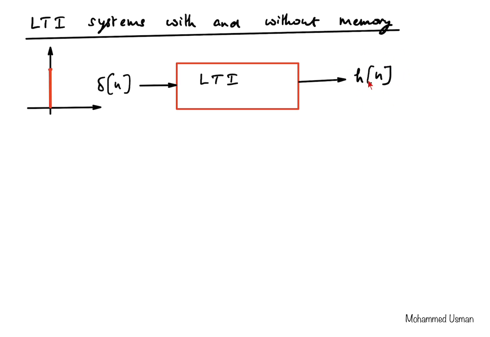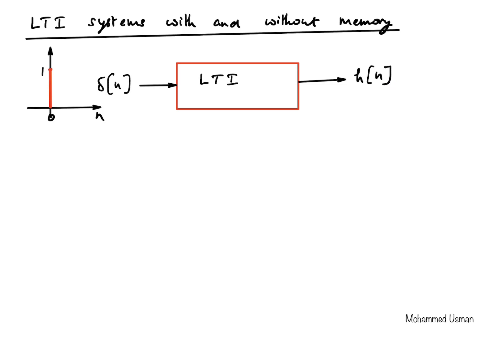I've taken the example for a discrete case now: the impulse response h of n is the output of the system when the input is a unit impulse. The unit impulse has a value of 1 only when n equals 0. If we give an input which is an impulse like this, whatever output we get is h of n.